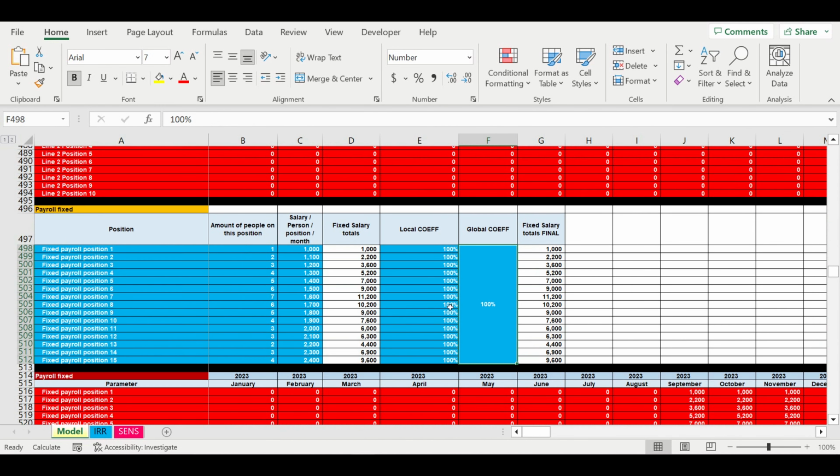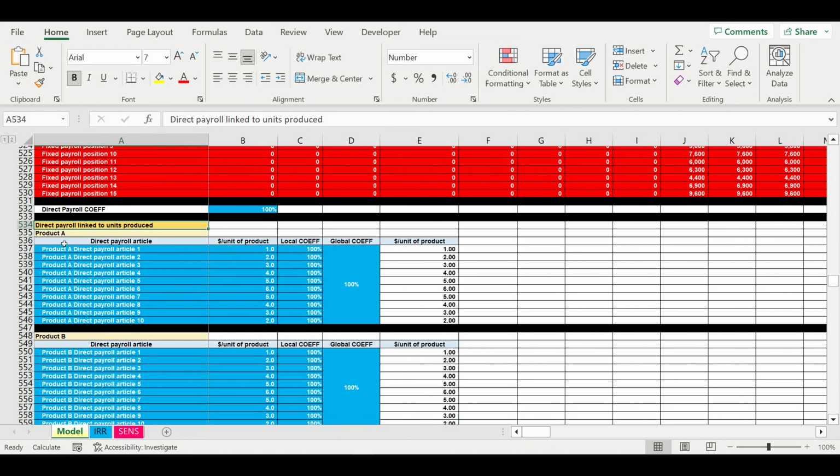So here we have the names of positions, the number of people in each position, and the salary of one person in each position, and then we can play with the salary globally and locally. Then we have some direct payroll, which is linked to the amount of units produced for product A and product B, and we can also play with this direct payroll.